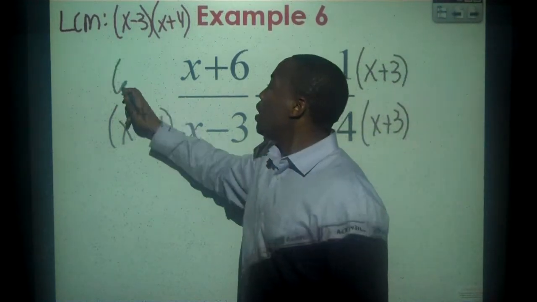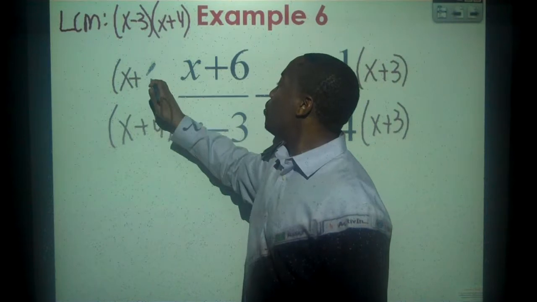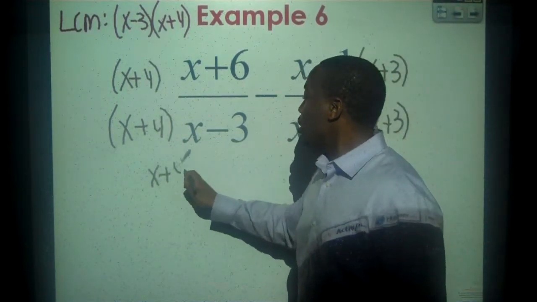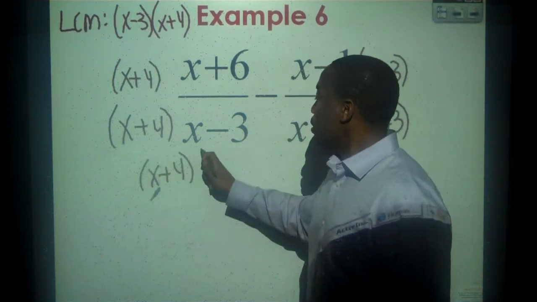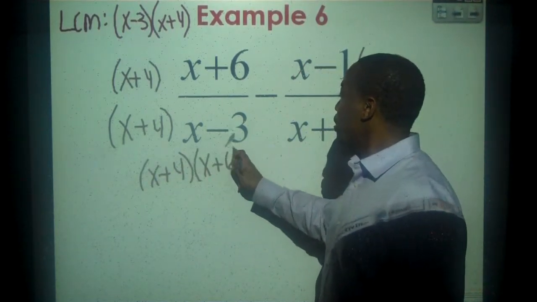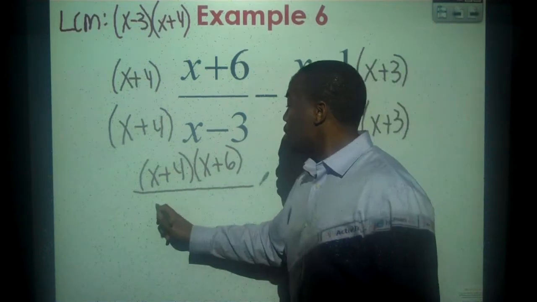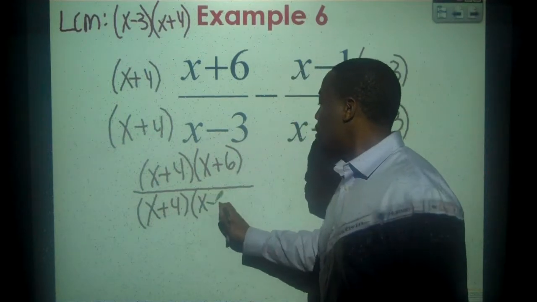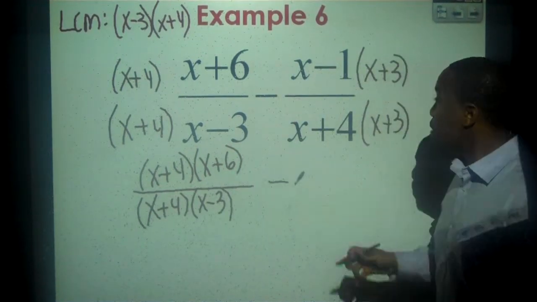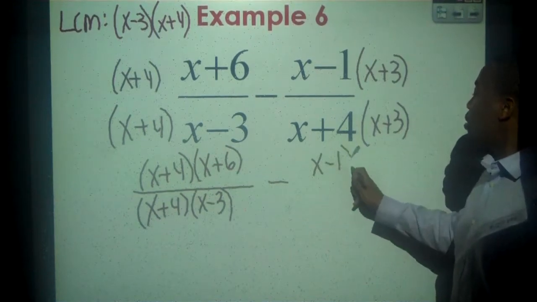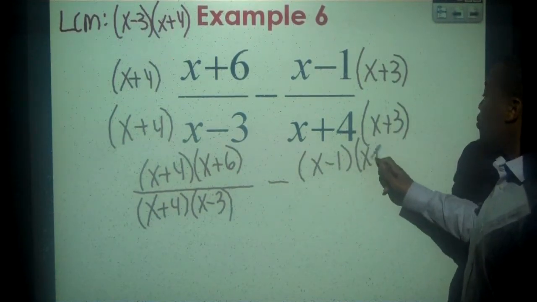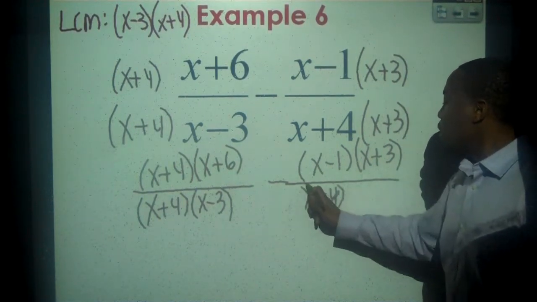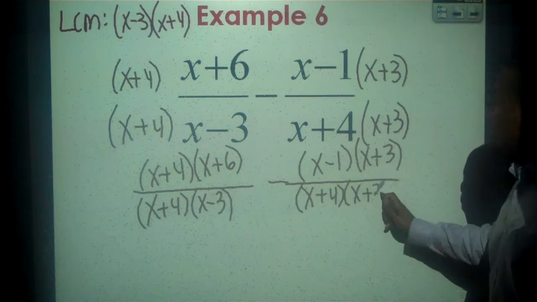So as you see here, x plus 4, and now we've got x plus 4, right, times x plus 6 over x plus 4 and x minus 3, right, minus x minus 1 times x plus 3 over x plus 4 and x plus 3.